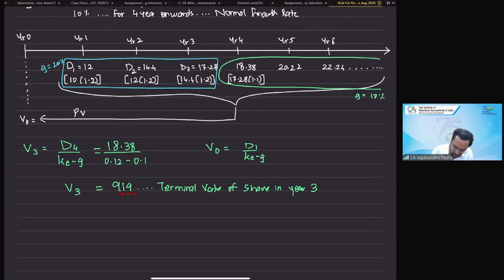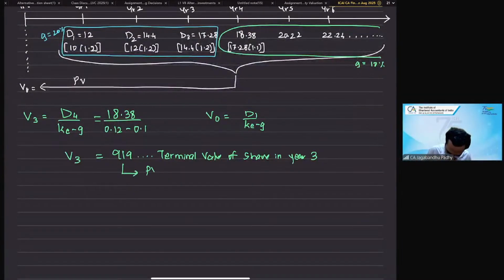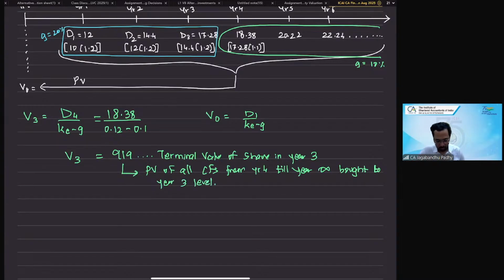Can I say 919 is nothing but the value of the share in year 3, which is essentially the present value of all cash flows from year 4 till year infinity, brought to the year 3 level.